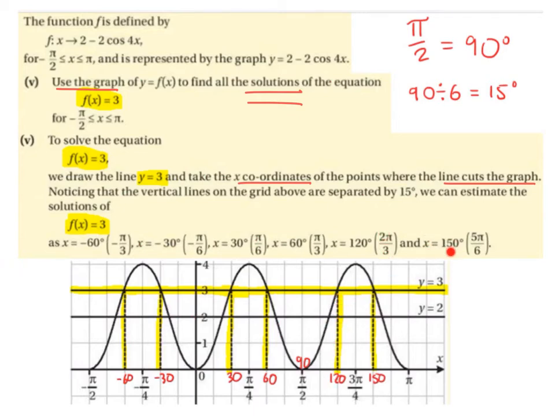And x is equal to 150 degrees, which is 5 pi over 6. Remember, the quick way to change degrees into radians is to multiply by pi and divide by 180.